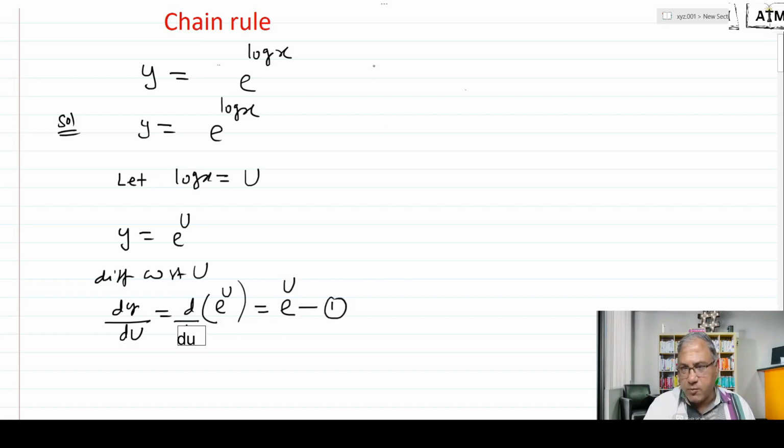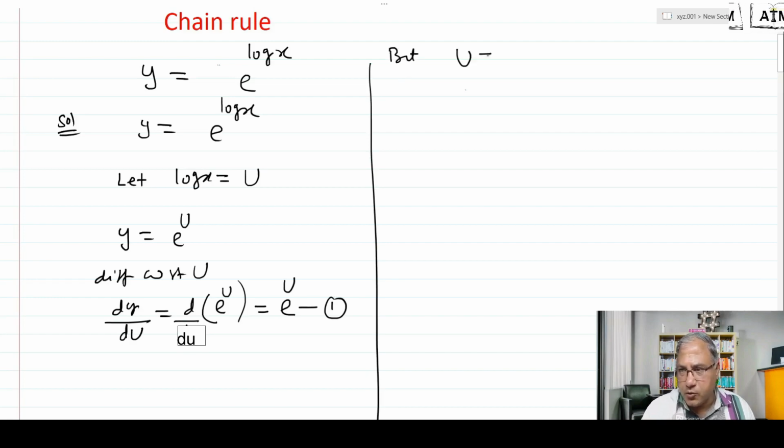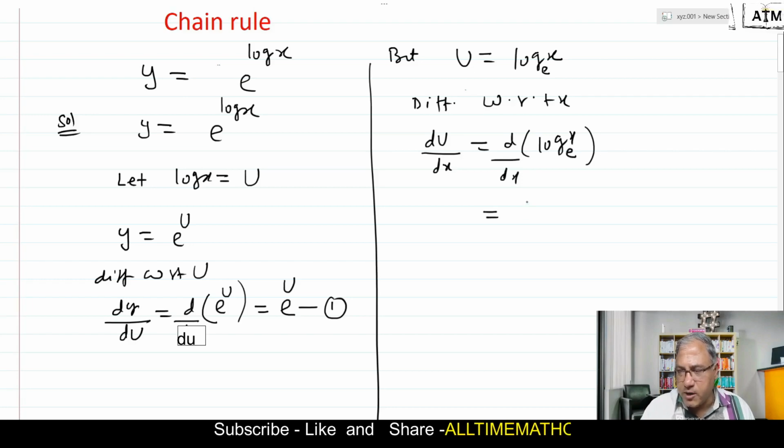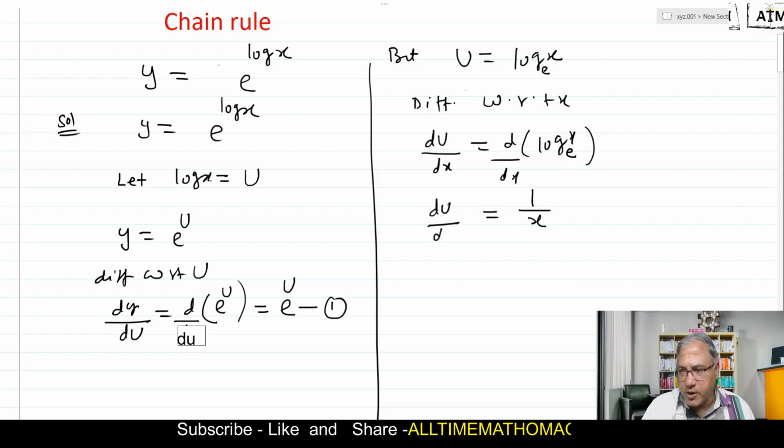Let us call it equation number 1. But u equals log x. If no base is given, the base e is there always. Differentiating both sides with respect to x, du by dx equals the differentiation of log x to the base e, nothing but 1 upon x. Let us call it equation number 2.